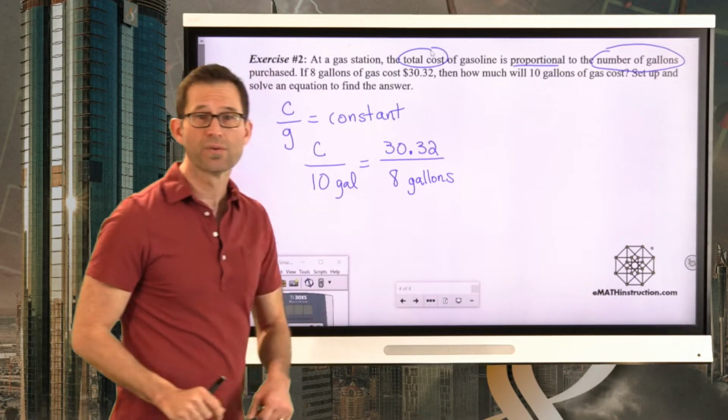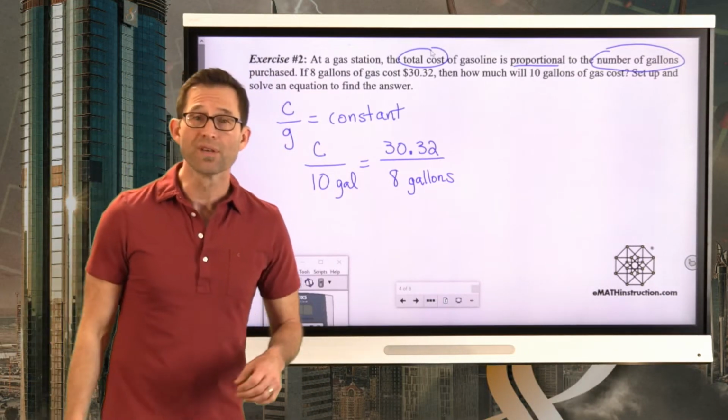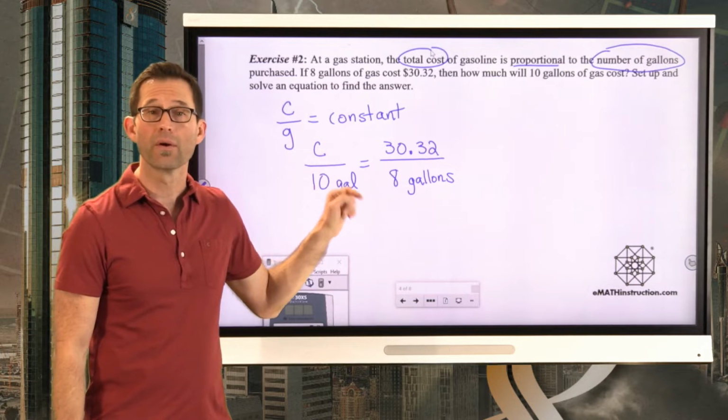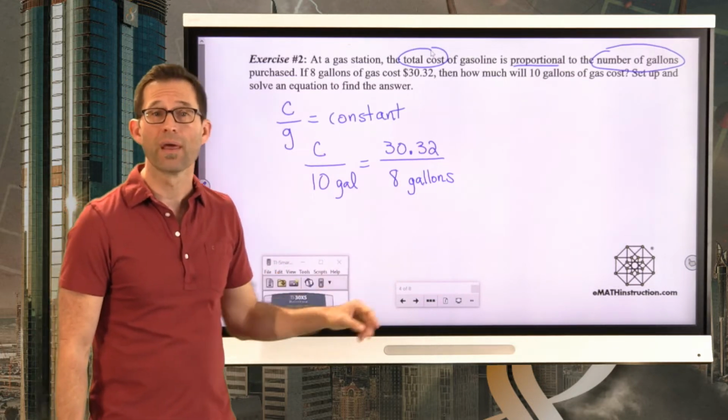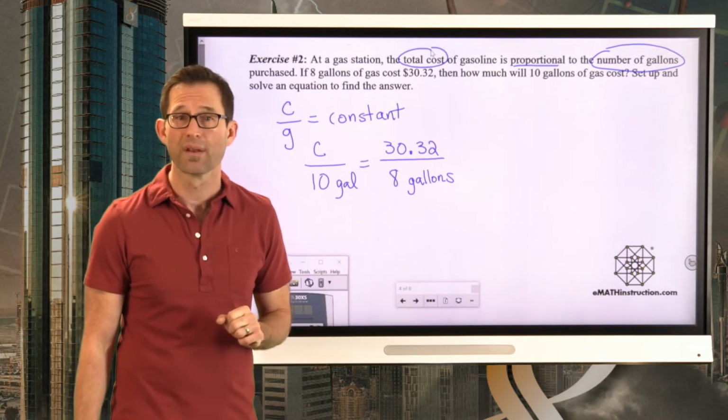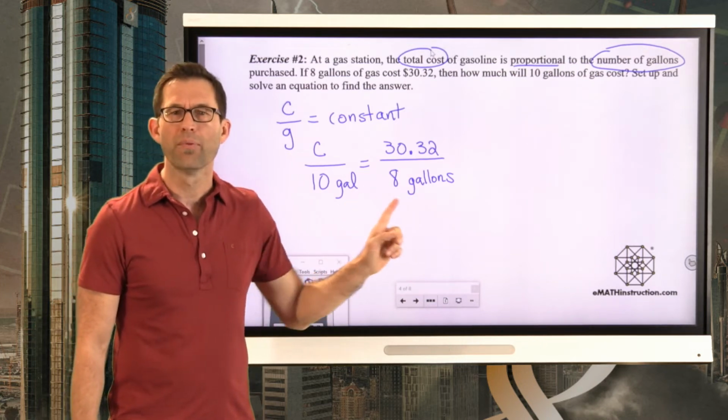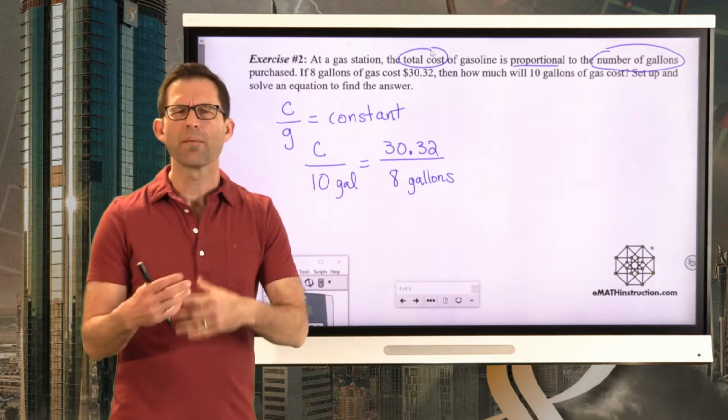By the way, notice when we set one of these up, I have a cost in the numerator here, and I have a cost in the numerator here. I have the number of gallons in the denominator here, and the number of gallons in the denominator there. That's actually why I put these units on there, just to be able to keep track of that.